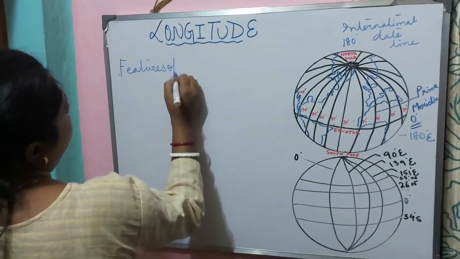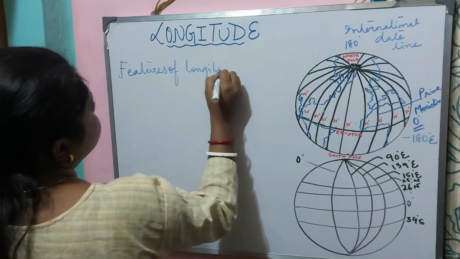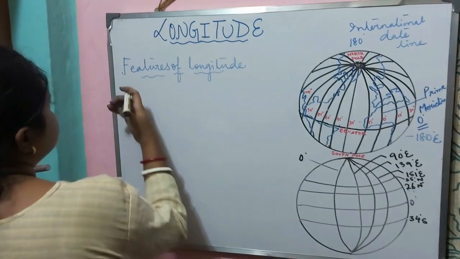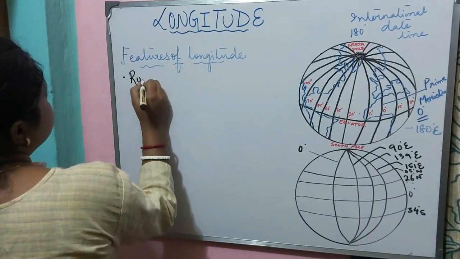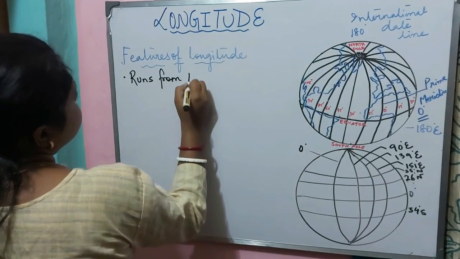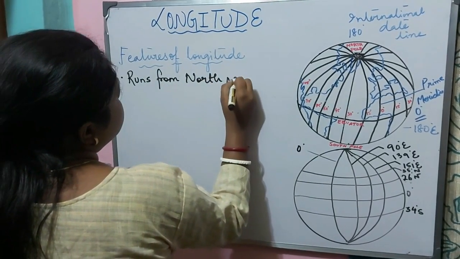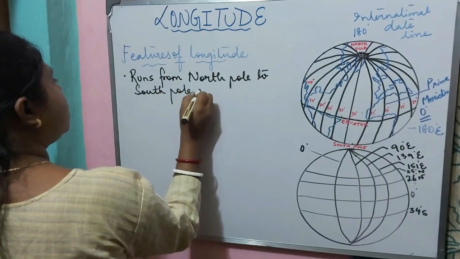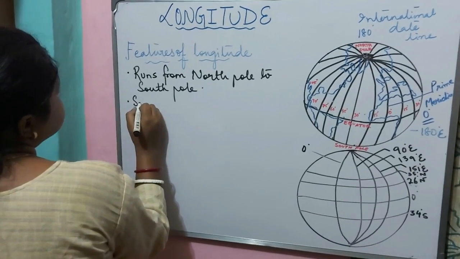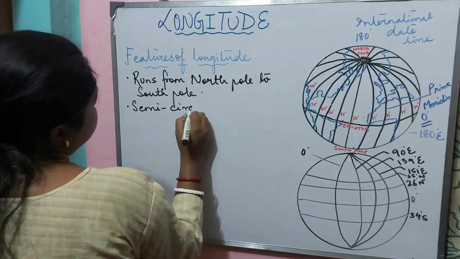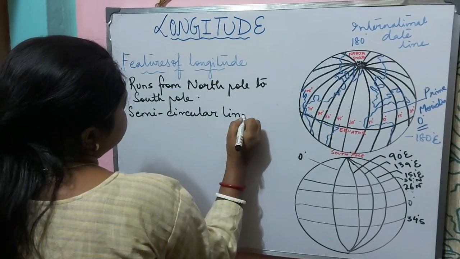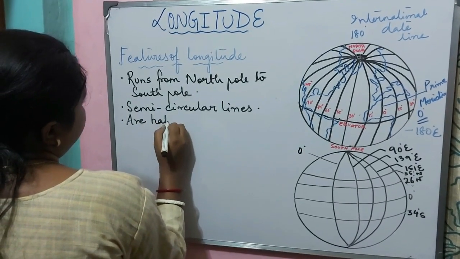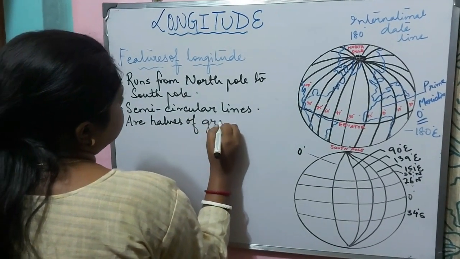Features of longitude. First, it runs from the North Pole to the South Pole. These are semicircular lines. We can also say that they are halves of a great circle.